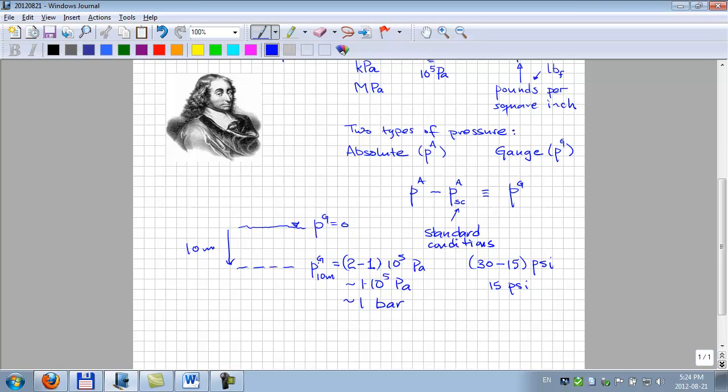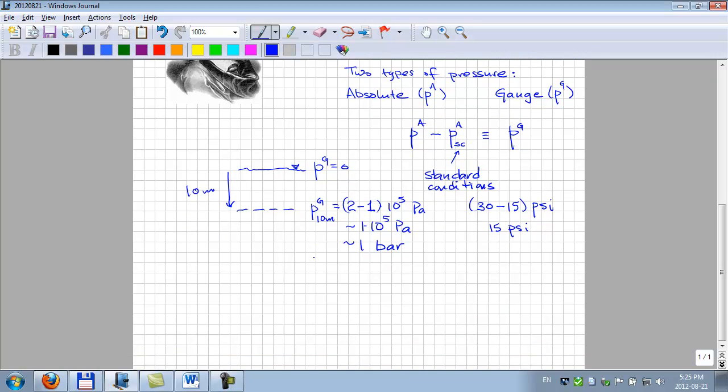It's a big difference in engineering. So anytime a petroleum person talks to you about pressure, they're obliged to tell you, is it bar absolute or bar gauge? Is it Pascal absolute or Pascal gauge? Okay? Is it psi absolute or psi gauge?